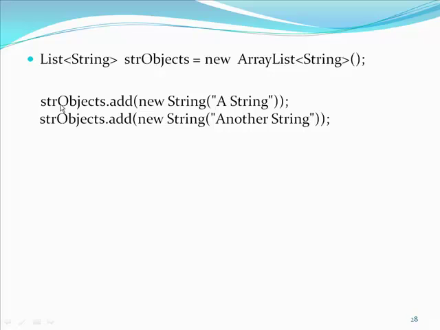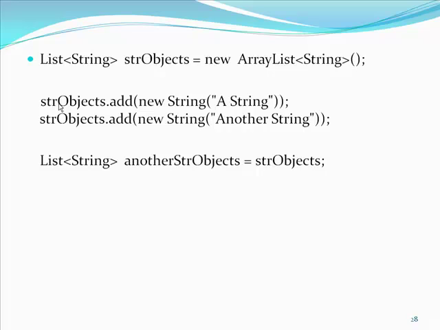Now, consider the following assignment statement which assigns the object reference strObjects to anotherStrObjects. Now, anotherStrObjects is pointing to the strObjects reference. The above is a perfectly legal statement as the assignment happens between the same type.